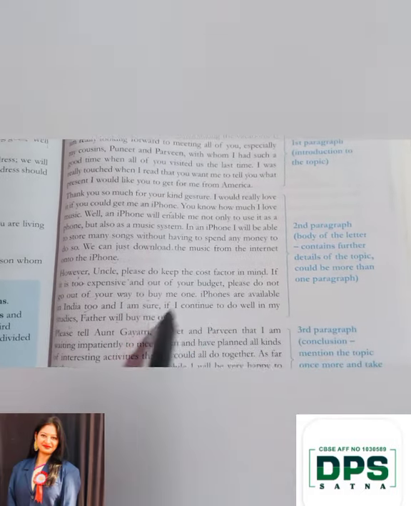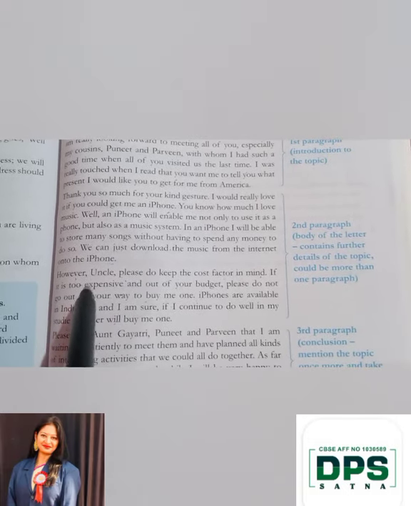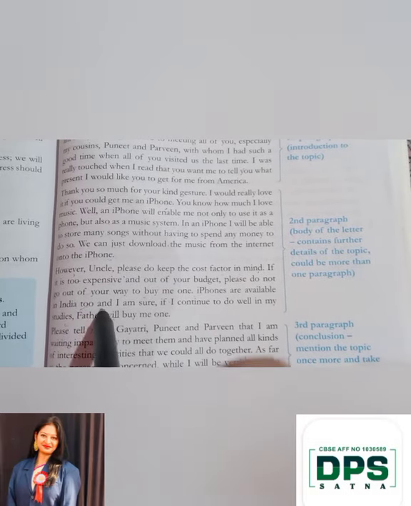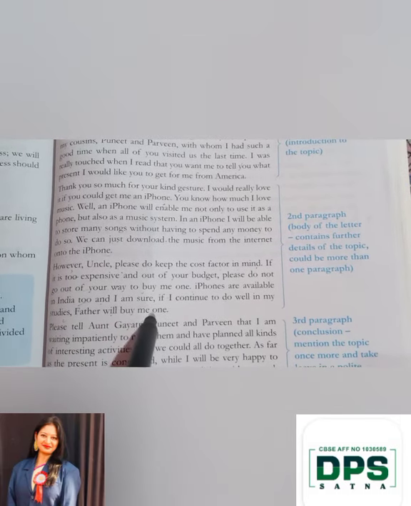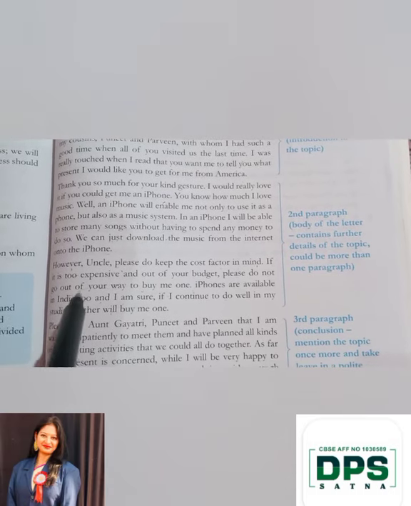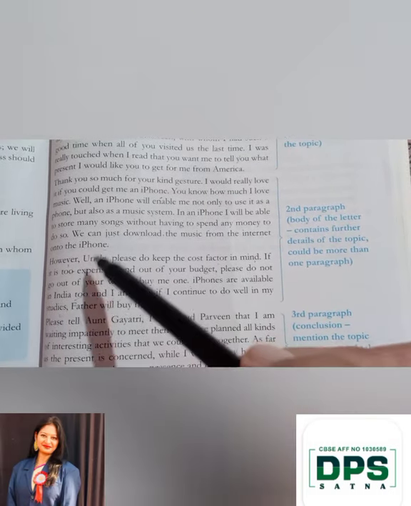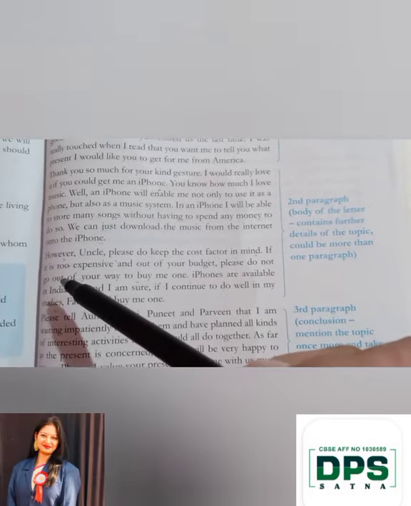Now here, what you are doing, you are asking for a gift, okay, but keeping in mind that it should not be very costly. If it is going to be costly, then after some time, if you are doing well in your studies, you can get it from your father, because you are taking a present from someone.